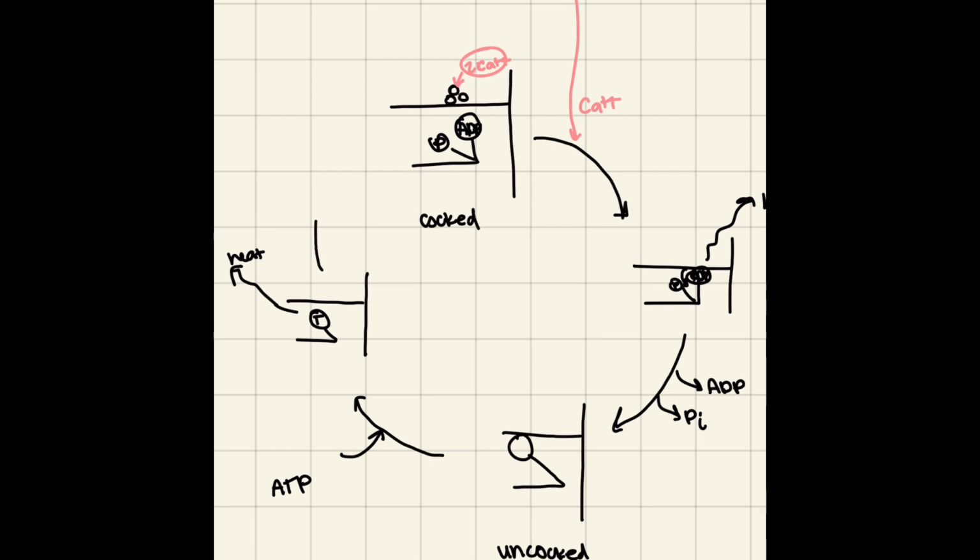Then the last thing that happens, myosin in its head has ATPase. So it has the ability to break down ATP into ADP and phosphorus. So we are going to hydrolyze, is the word for it. We're going to hydrolyze ATP into ADP and phosphorus.